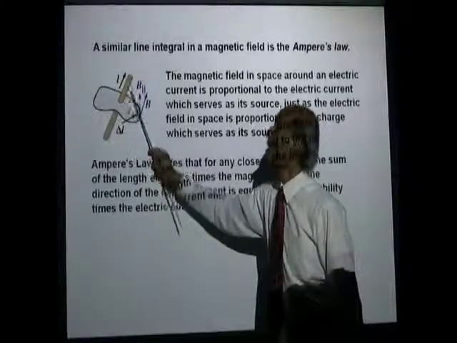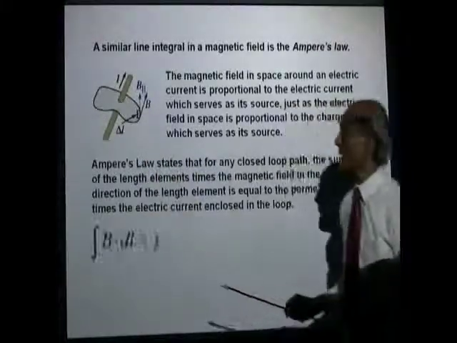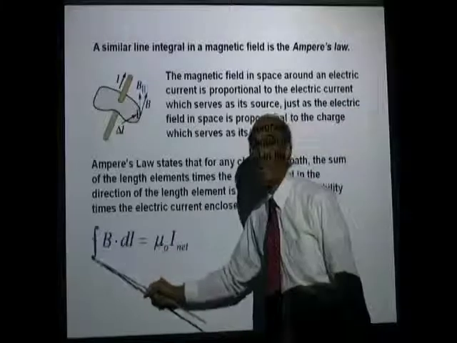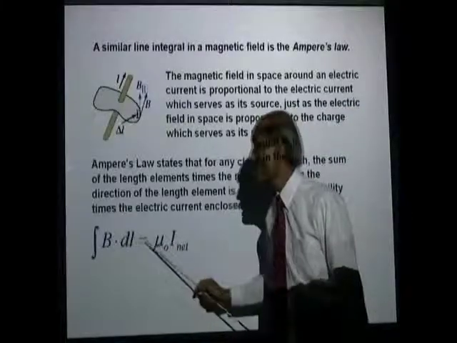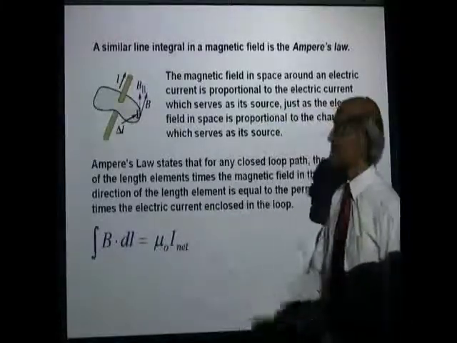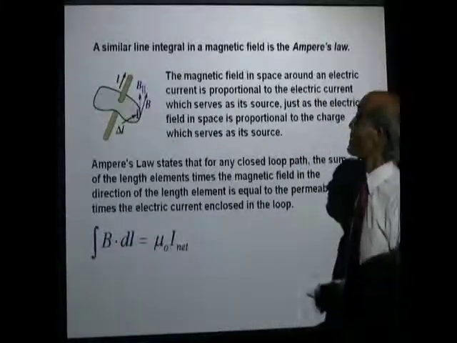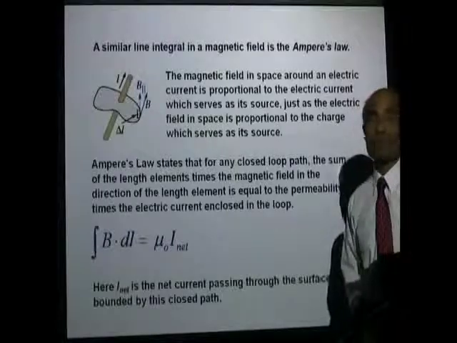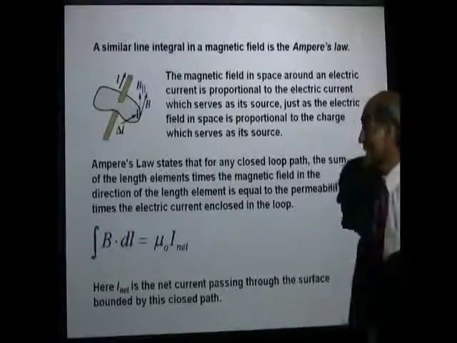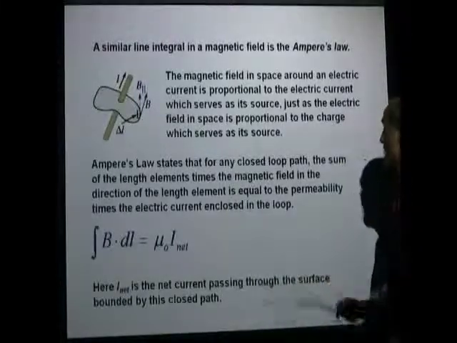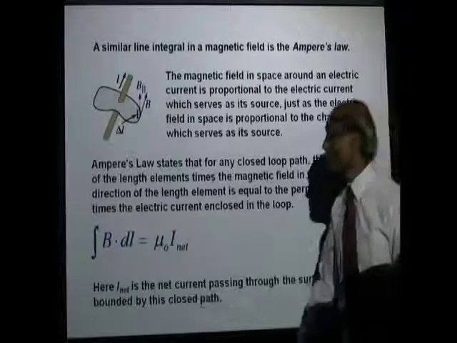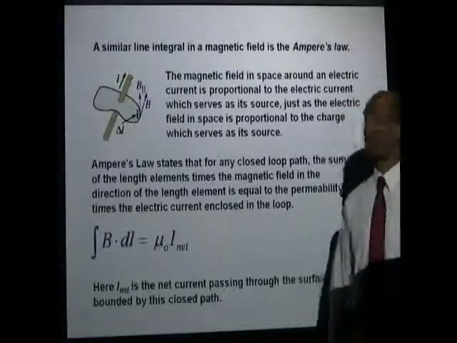We write it like this: line integral of B dl is mu 0 times the net current within the loop. And that is the fourth Maxwell's equation. Here, I net is the net current passing through the surface bounded by this closed path.